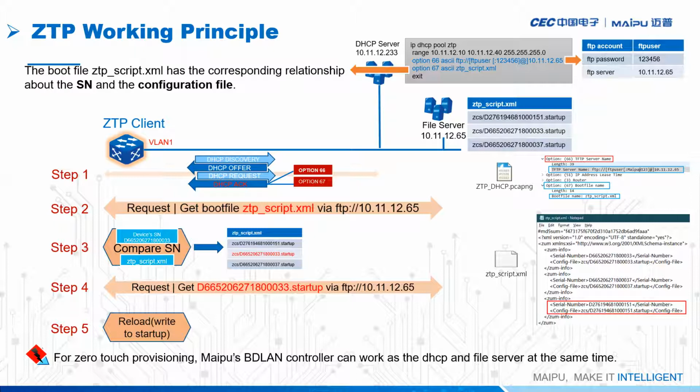Option 66 includes the detailed FTP server info: the FTP account, FTP password, and the FTP server. And option 67 includes the boot file. The boot file has the corresponding relationship between the serial number of the device and the configuration file.